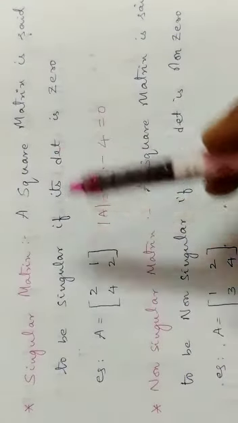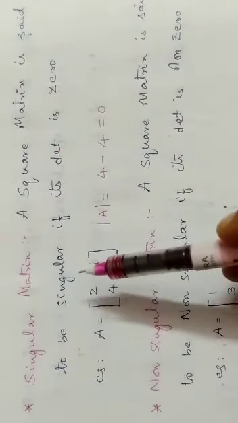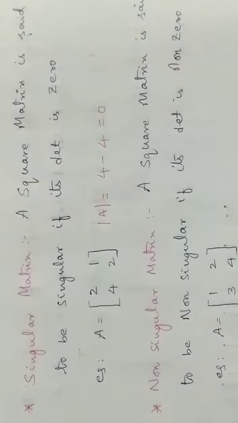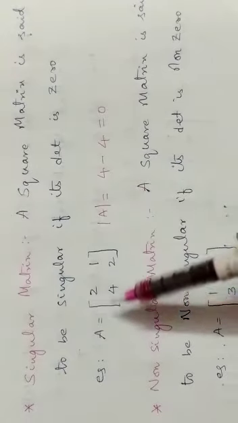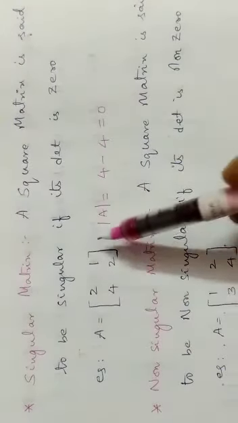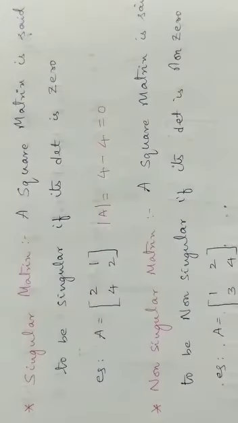A square matrix is called singular if its determinant is 0. Since the determinant of this is 0, the matrix A is called a singular matrix.